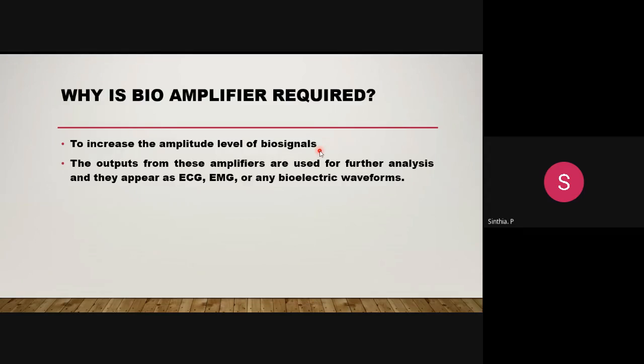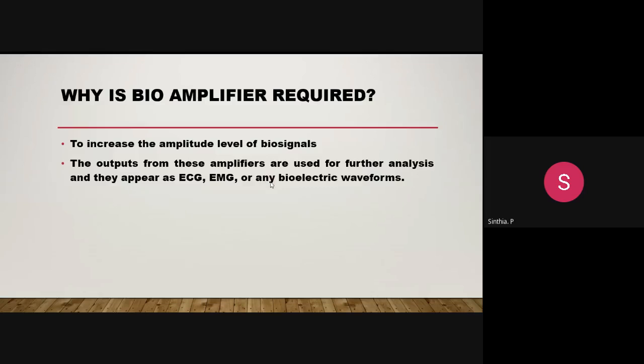So with the specifications required, the amplifier which performs all these functions is referred to as a bioamplifier. The output from these amplifiers is used for further analysis. The input to the amplifiers may be an ECG signal or EMG signal, or whatever biomedical signal is involved in that particular equipment.